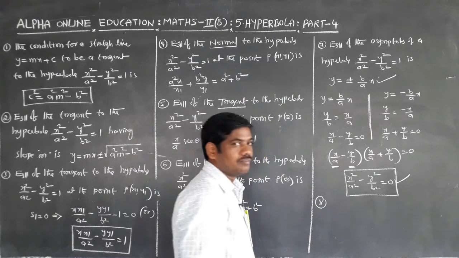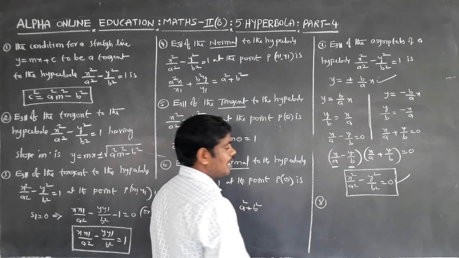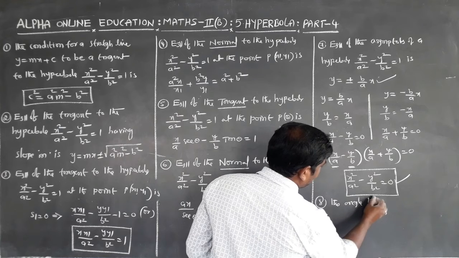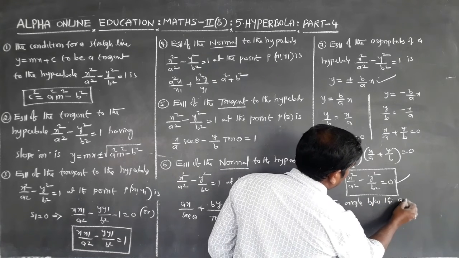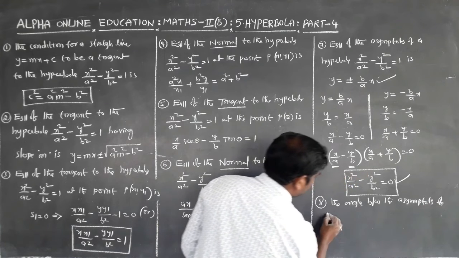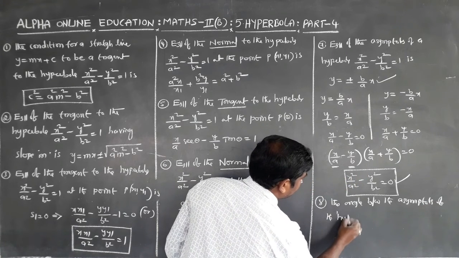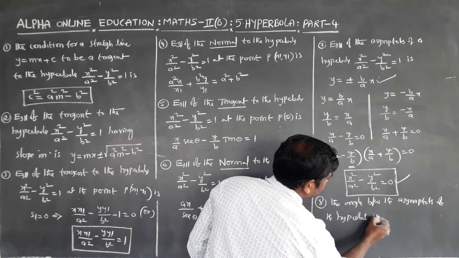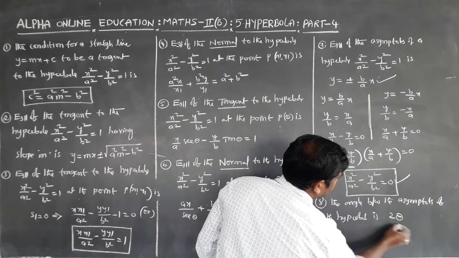Last one is the angle between the asymptotes. The angle between the asymptotes of the hyperbola is 2 theta.